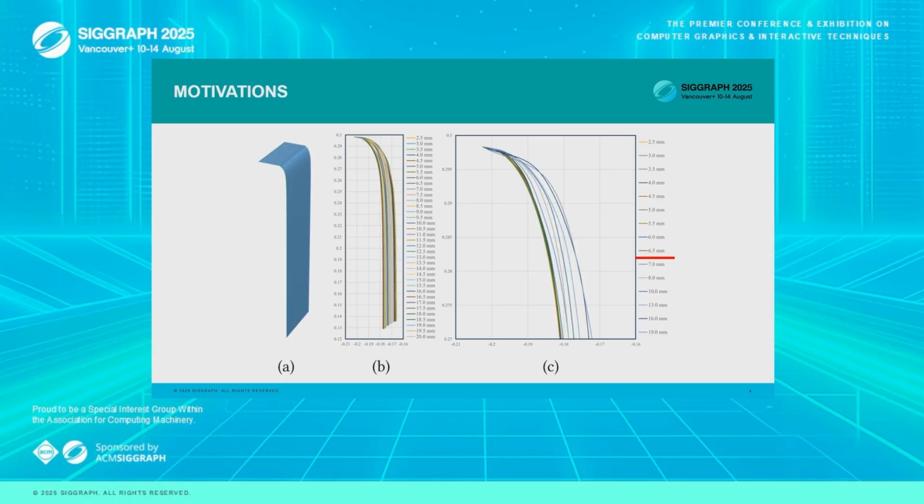To verify our findings, we did a cantilever test on a piece of cloth using different mesh resolutions. As shown by the curves, once the mesh resolution drops below 6.5 millimeters, the simulation results barely change. So in this case, 6.5 millimeters can be considered as the optimal mesh resolution for simulating this fabric.